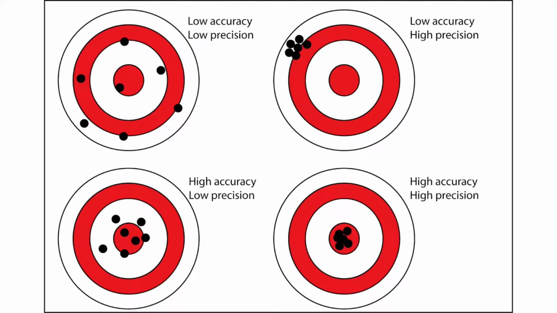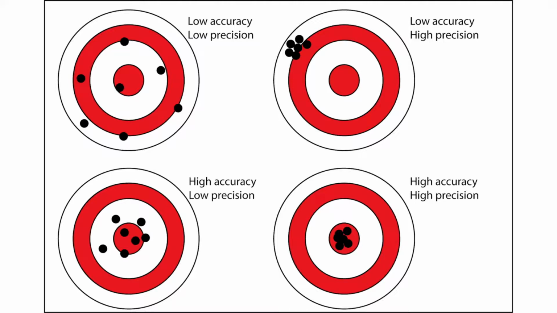All right, just by looking at the diagram and the descriptions here, can you turn and talk? What's the difference between precision and accuracy based on that diagram? Okay, just look at it first.